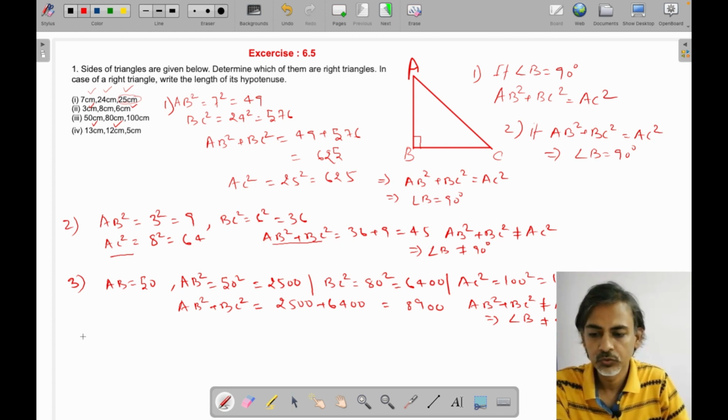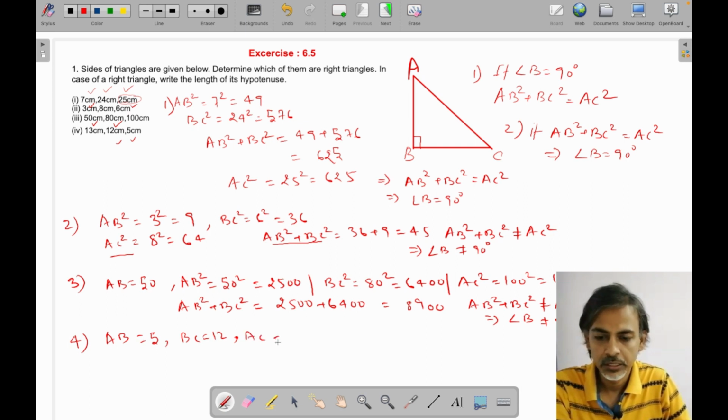Now coming to the fourth problem, which is again 13, 12 and 5. So we'll take the two smaller sides, 5 and 12. So we'll take AB as 5, BC as 12 and AC as 13. So what we will get is AB square, which is nothing but 5 square equals 25.